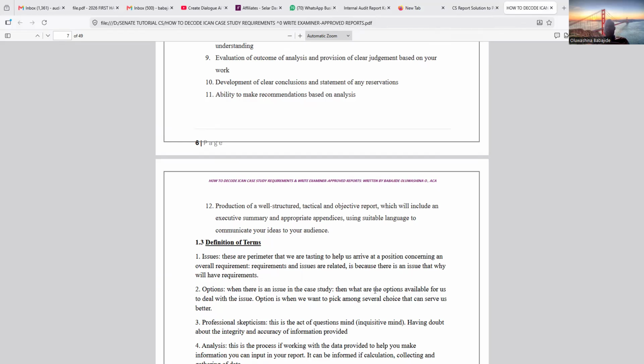When I mean suitable language, when you're supposed to use formal, you don't use informal. These are the 12 skills that you need to work on. Be aware and have a clearer understanding of those particular skills.